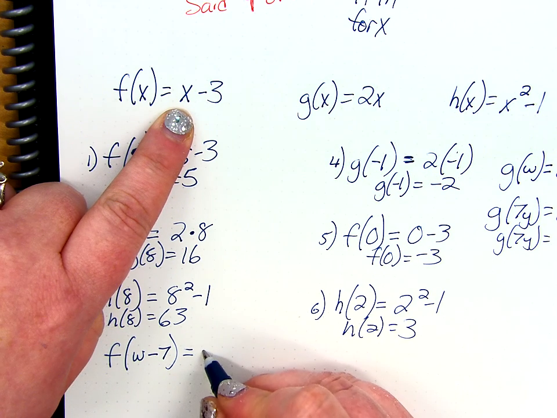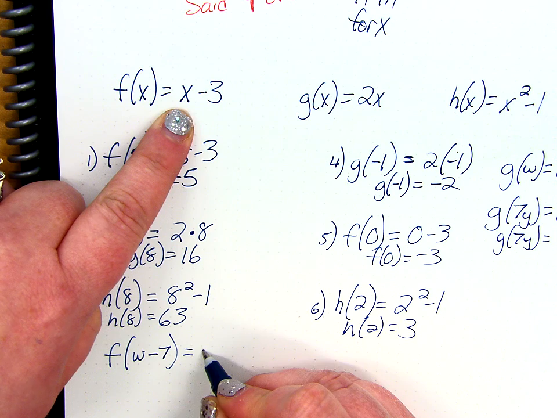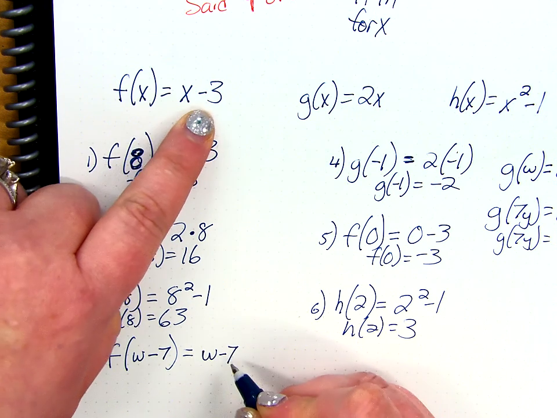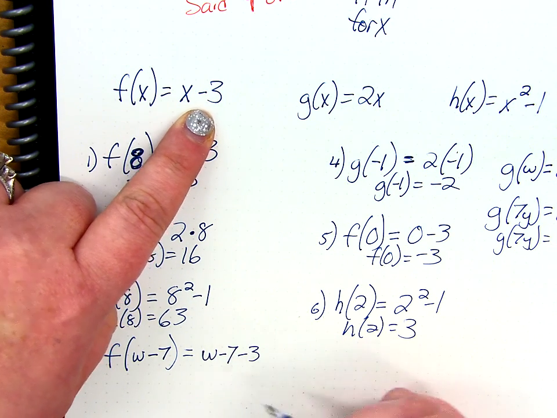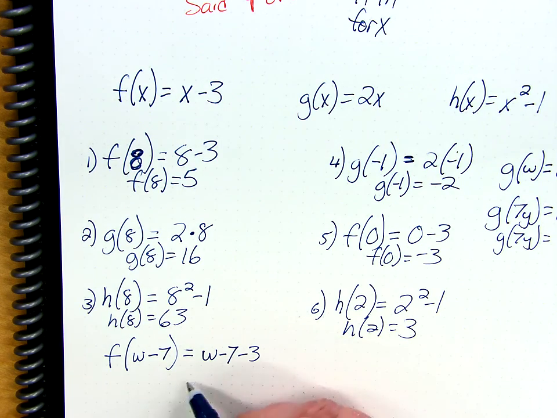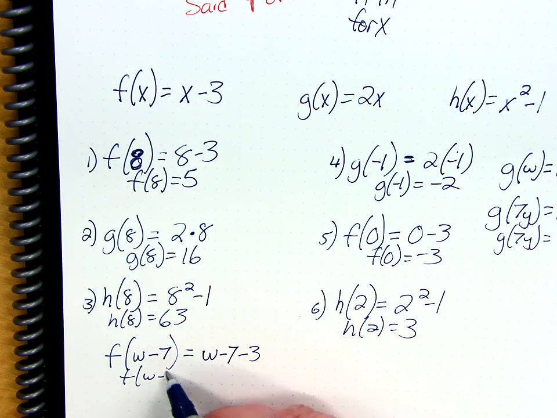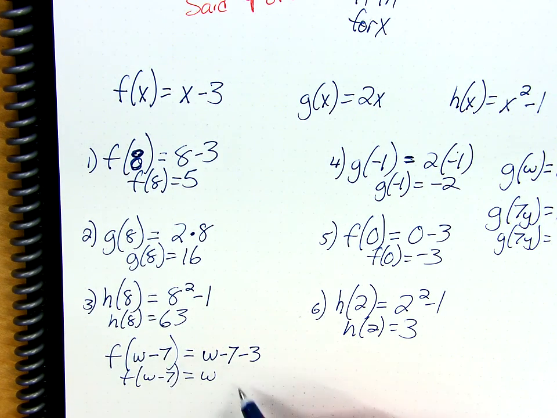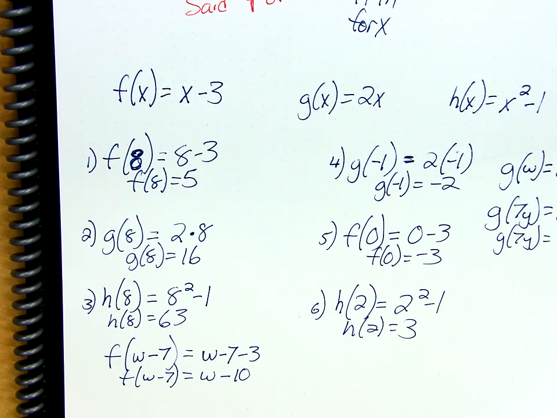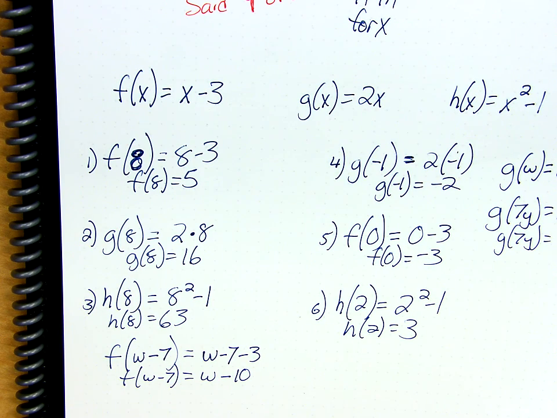What do I write instead of the x? W minus 7, and then I do minus 3. I can simplify that answer now. What would that get me? W minus 10. Weird, I know. So we're going to practice more with this tomorrow after your quiz, but let's stop there.